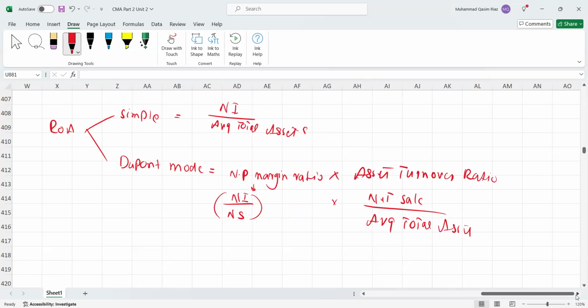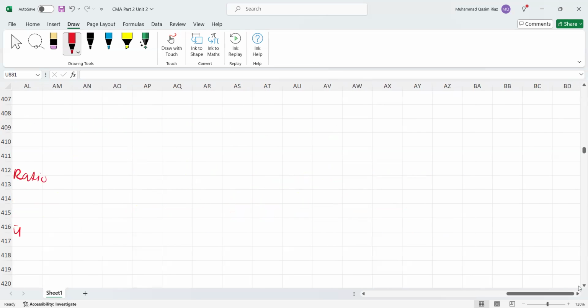And on the other hand, if you are calculating return on equity, we again have two versions: the simple formula and the DuPont model. The simple formula is net income divided by average total equity.